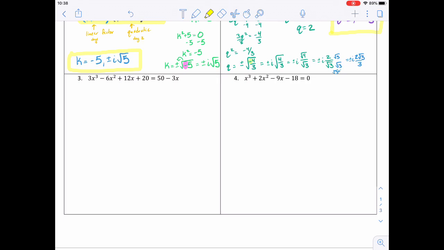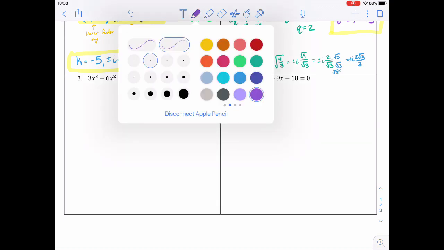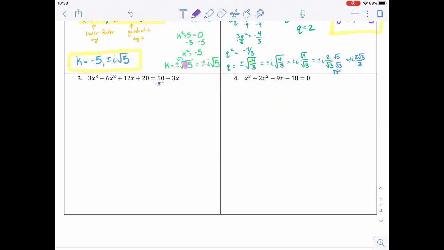For number 3, we need to make sure it's in standard form. So we're going to subtract 50. There is a like term with 20, and then we're going to add 3x, which is going to get combined with this 12x. So after we combine like terms, we end up with 3x cubed minus 6x squared plus 15x minus 30 is equal to 0. Let's go ahead and just group our first two and our second two.